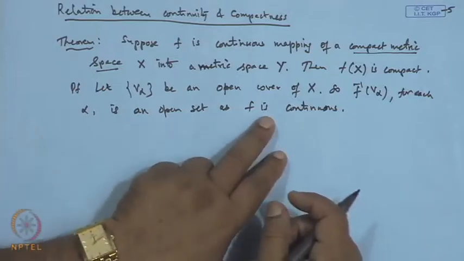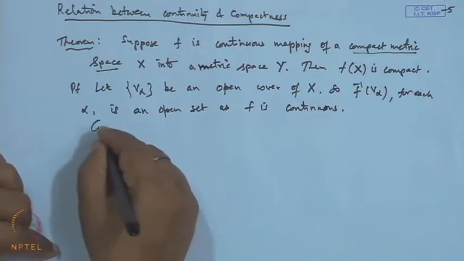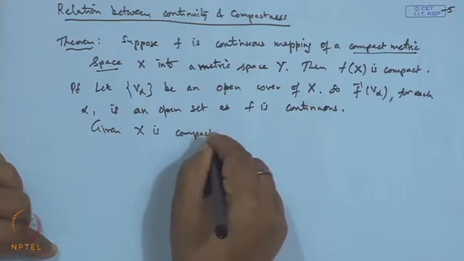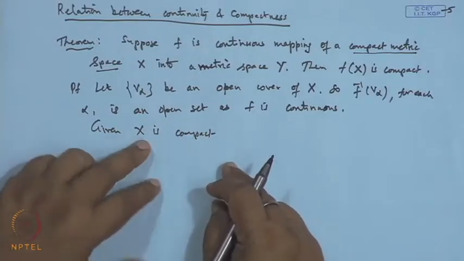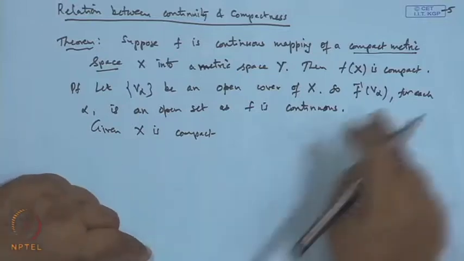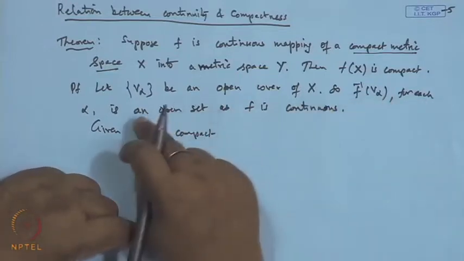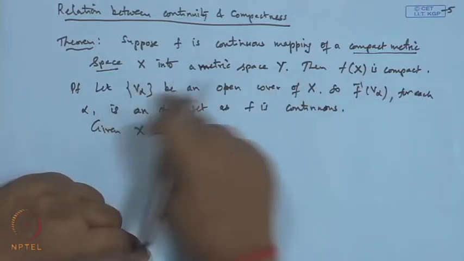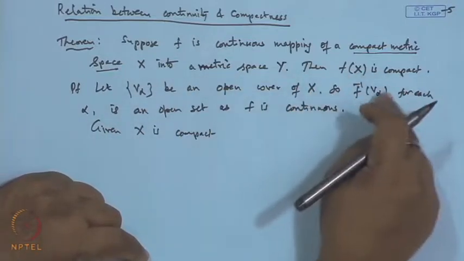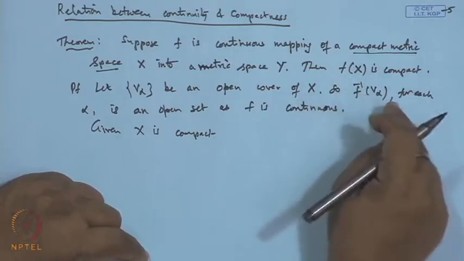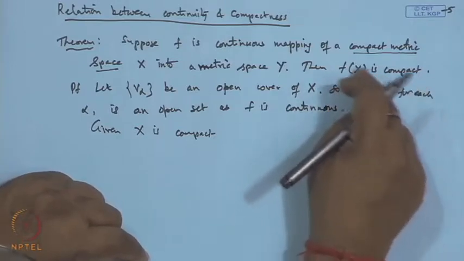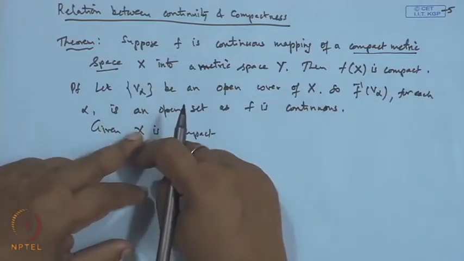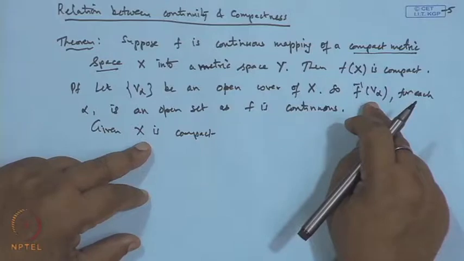Now, what is given is that X is compact. So, any open cover of X will have a finite subcover. f inverse V alpha is an open set in X, so the collection of f inverse V alpha is an open cover. If we choose this as an open cover for X, then since X is compact, there must be a finite subcover for it.